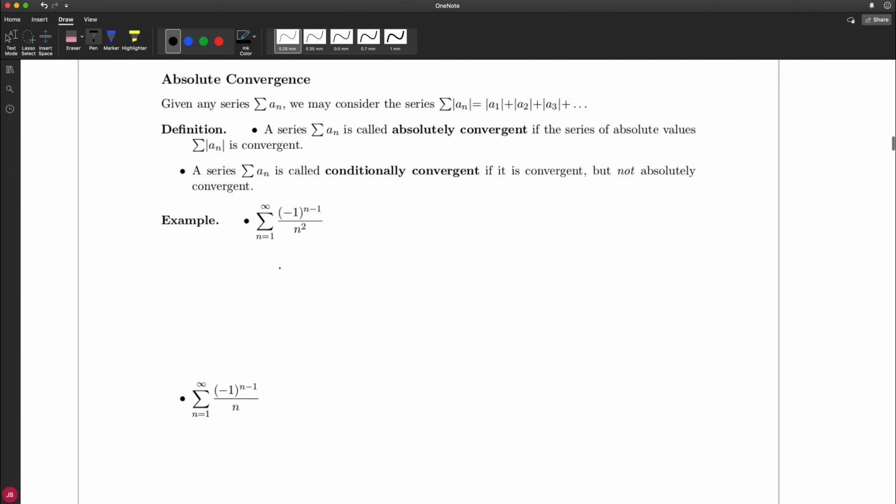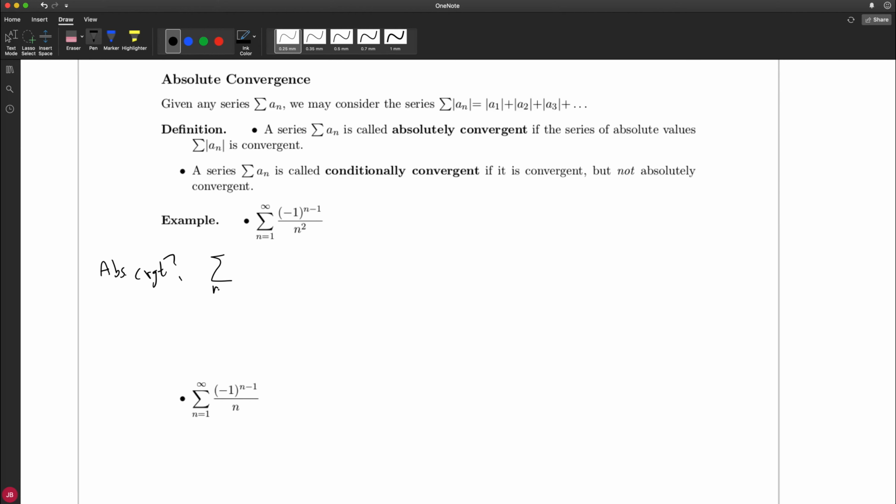So let's find out if it's absolutely convergent. Now, when you're dealing with absolute convergence, it's best to just swing for the fences. So we're just going to ask right up front, is this absolutely convergent? Here's what you do.